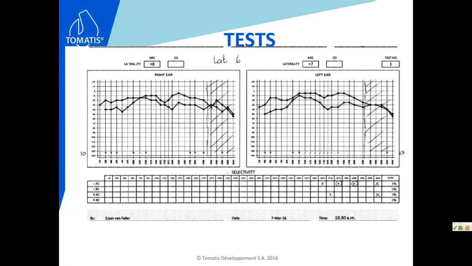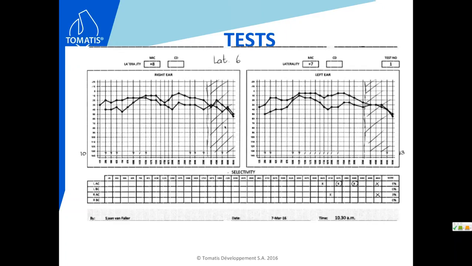Once you find more or less the sound that resembles their tinnitus, and you'll never get exactly the same as the tinnitus, you're going to try to measure the intensity of the tinnitus. So let's say that he says that on 4,000 the sound resembles his tinnitus. Now we're going to increase progressively until the person tells us that his tinnitus and your sound are more or less at the same intensity.